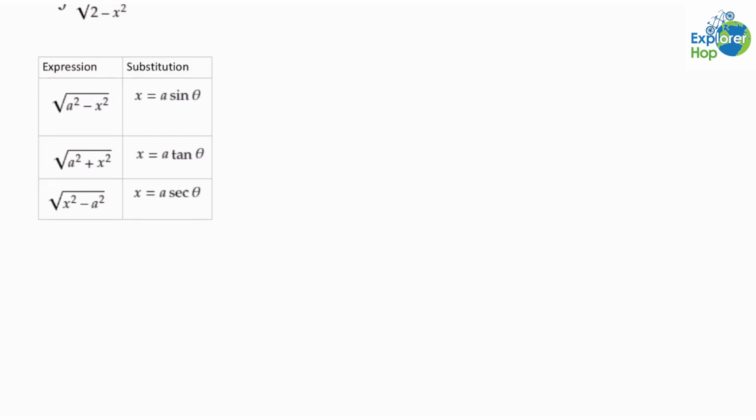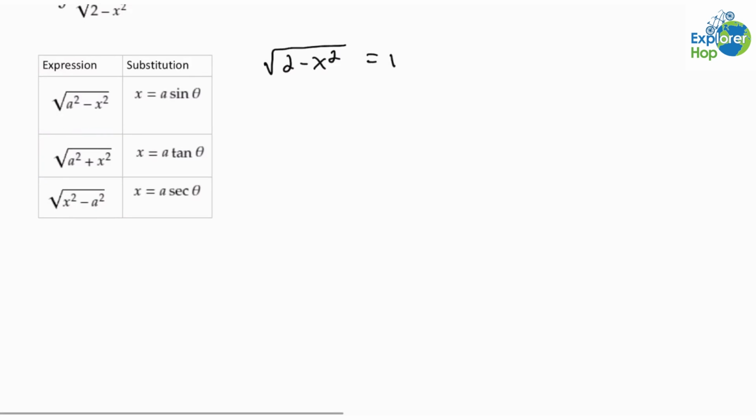So let's see what substitution we can make. Notice that we have the square root of 2 minus x squared, which can also be written as the square root of 2 squared minus x squared.